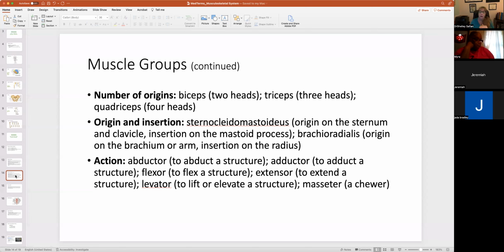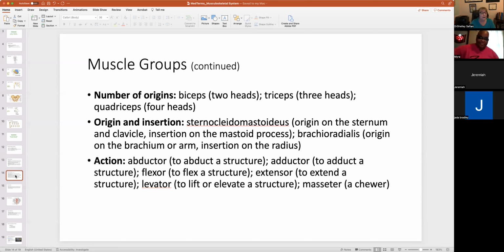So you have the sternocleidomastoid. So sterno, right? Come on, you can figure this out. Sterno is your sternum, cleido, clavicle, and mastoid, your jaw. So you see how that muscle is connected. Brachioradialis.